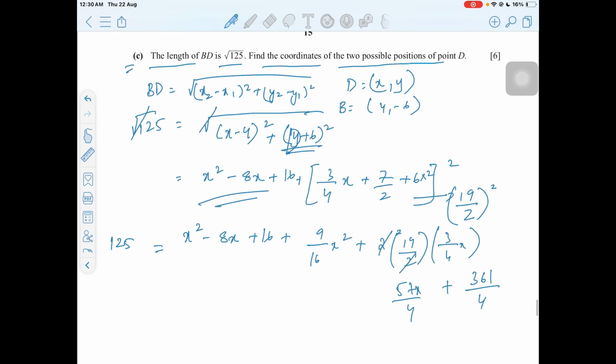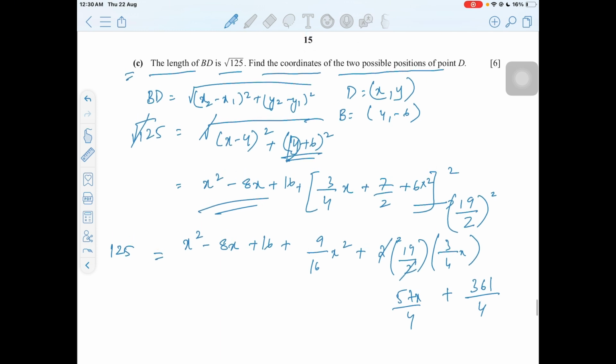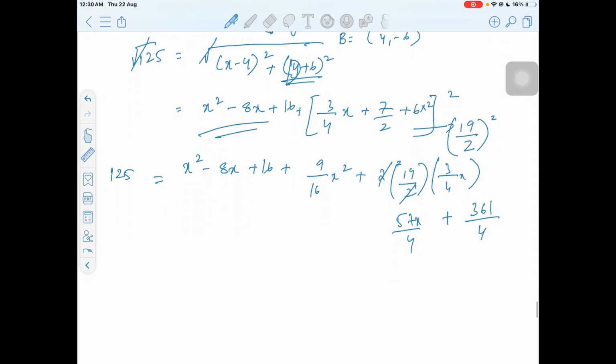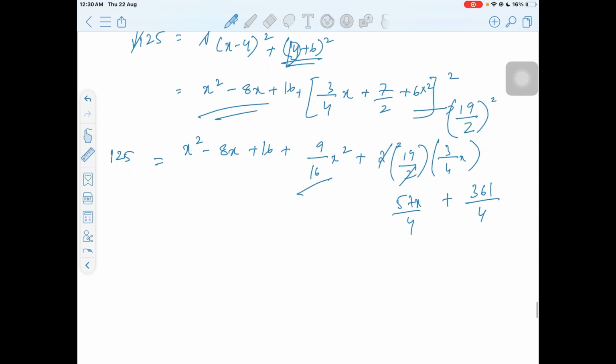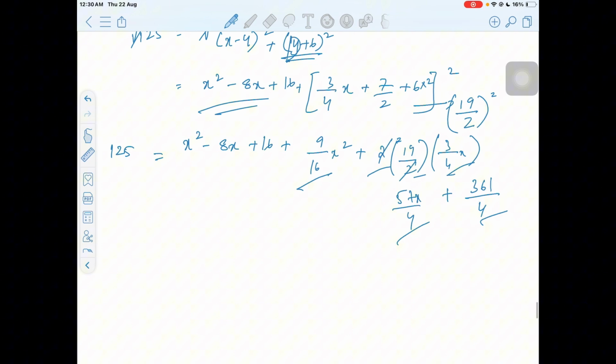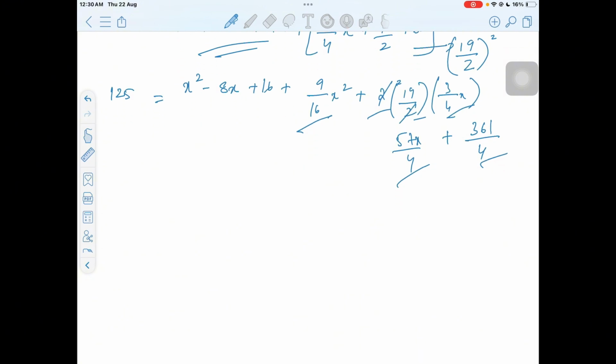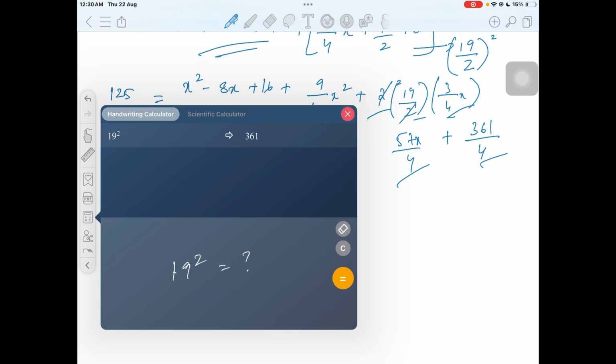So I hope I haven't made a mistake over here. This is right till here. This is right. This is right. Okay. Let's just take 16 as our denominator, and this 16 will be multiplied to 125.